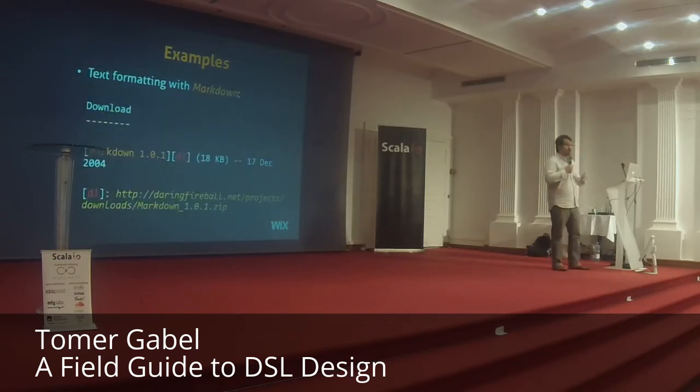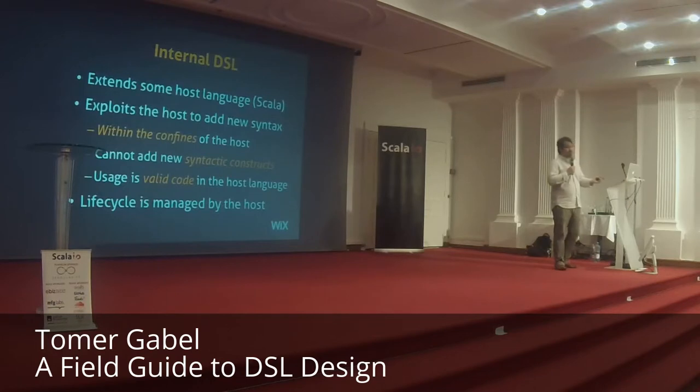If you want to do text formatting, for instance, if you're using GitHub, you're liable to be using Markdown, and that's a very simple domain-specific language for text formatting. And that's everything we're going to be talking about for external DSLs, because they're not that interesting in the context of Scala. What is interesting are internal DSLs.